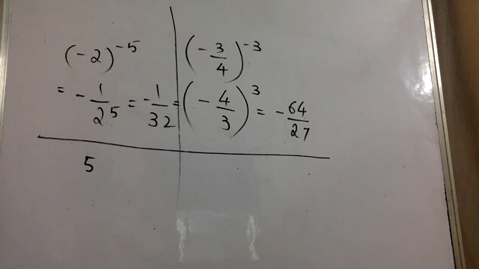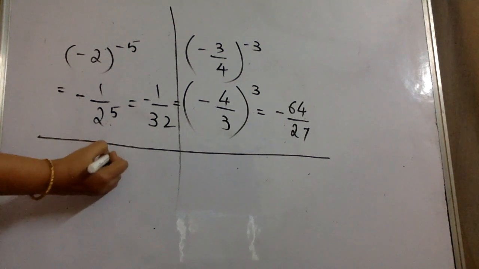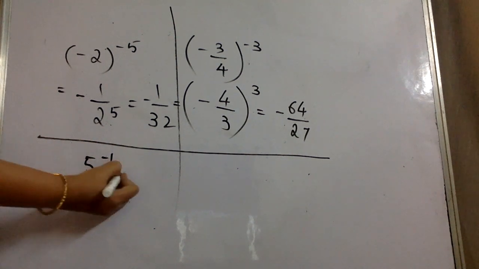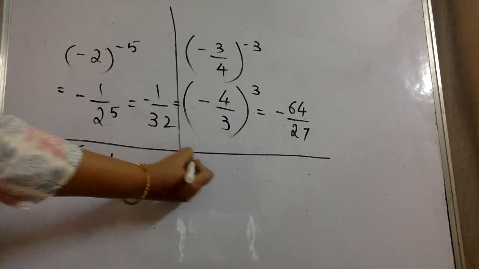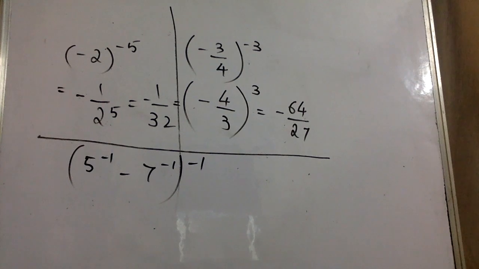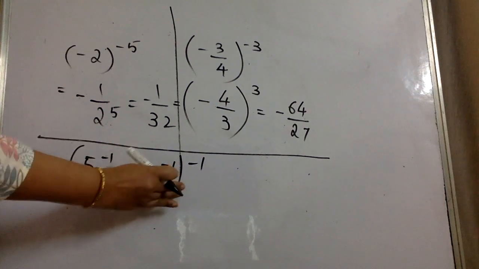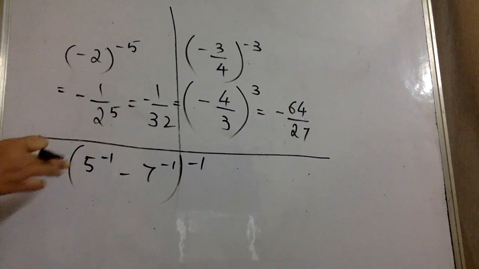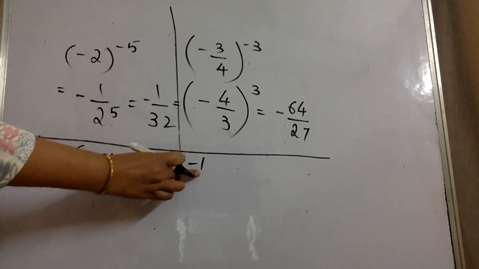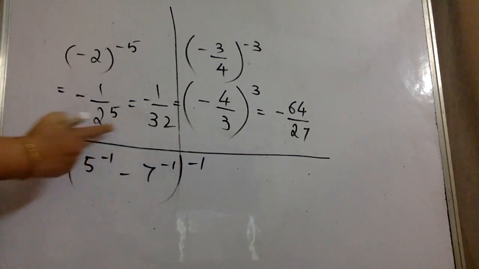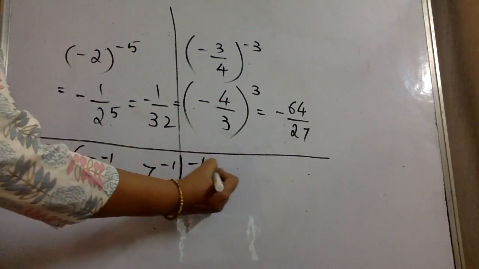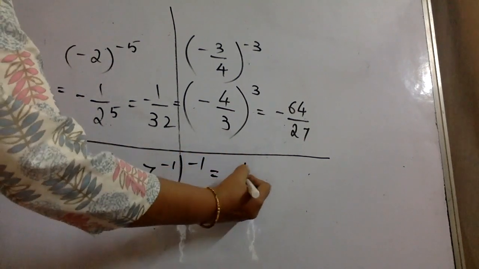This is 5 to the power minus 1 minus 7 to the power minus 1, the whole to the power minus 1. Now what to do about this? Now see, the moment people see this, they will multiply this minus with this, with this. No, it's not to be worked like that. What we do is, first work on this much portion, which is 1 by 5.